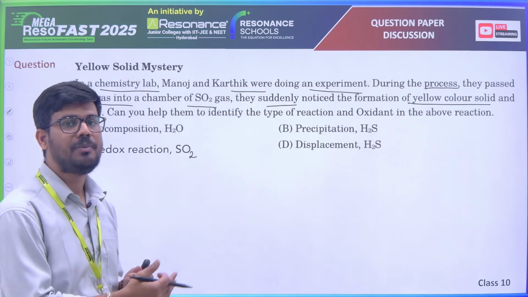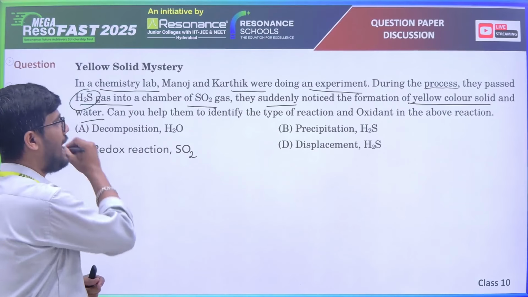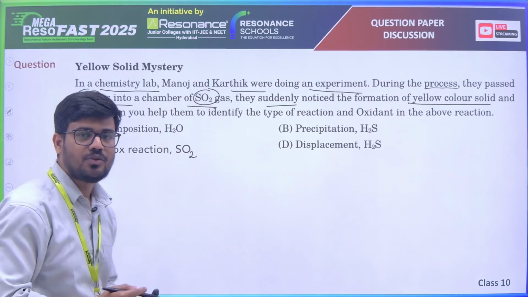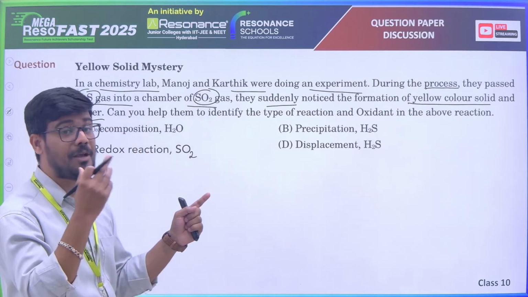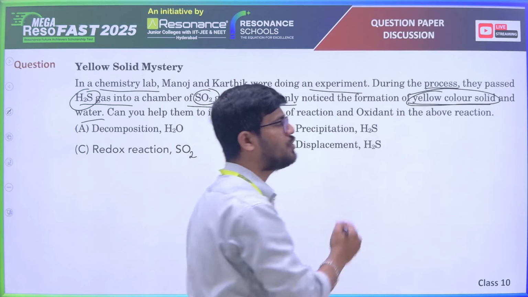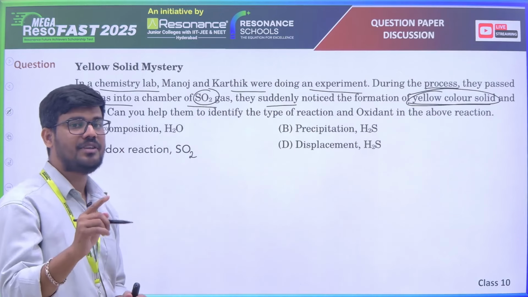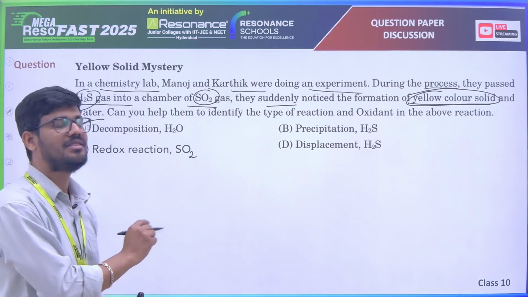So how will we proceed with this question? See, now here we have H2S gas and SO2 gas. Whenever we consider H2S and SO2, you might be thinking what type of reaction will be happening. You can guess what type of product you can get. See here, formation of yellow color solid. Most specifically in inorganic chemistry, it is nothing but sulfur.